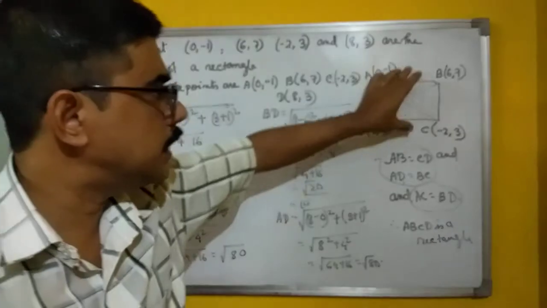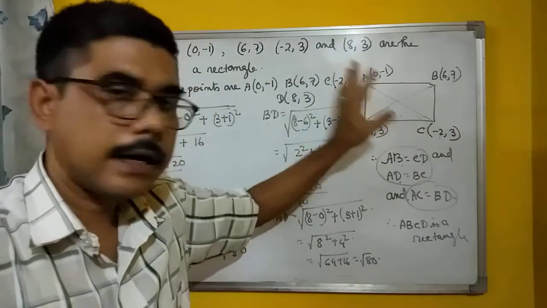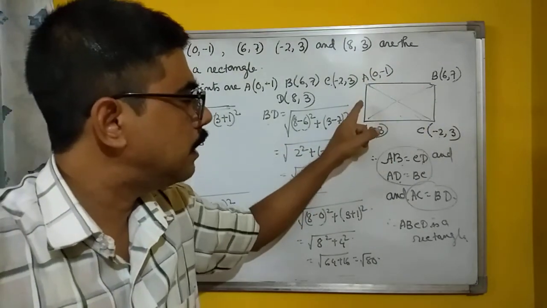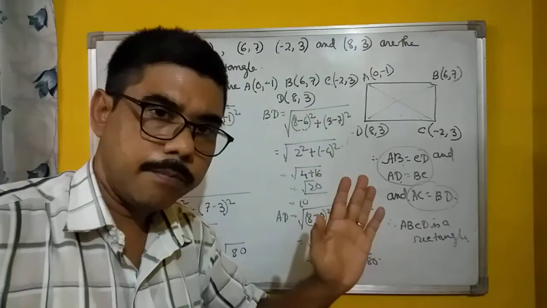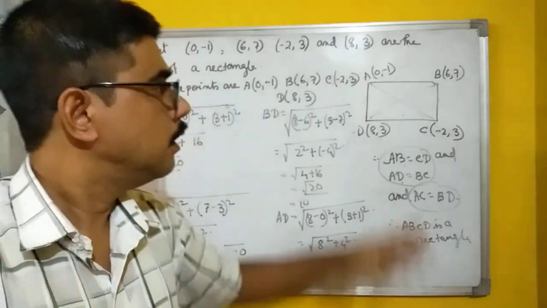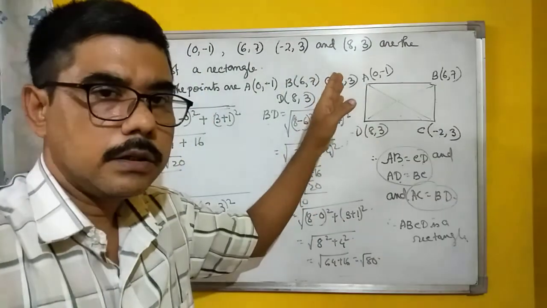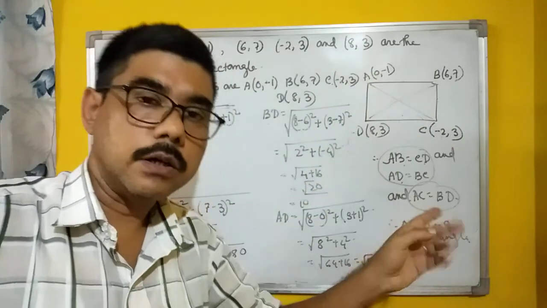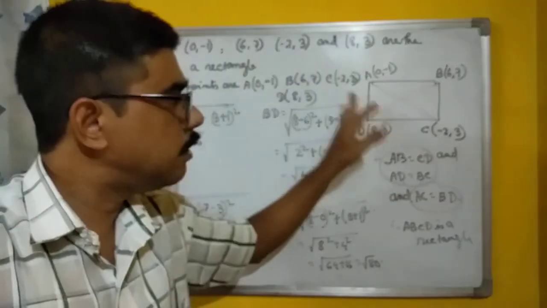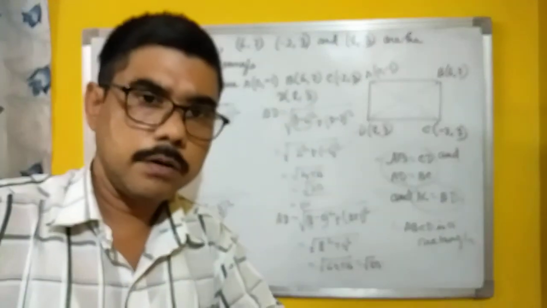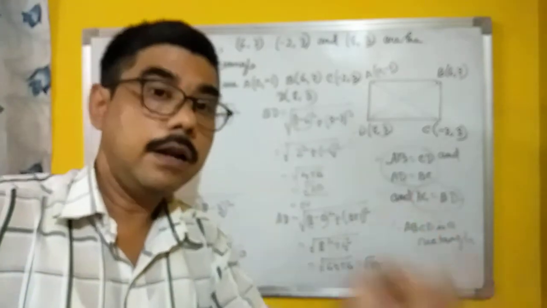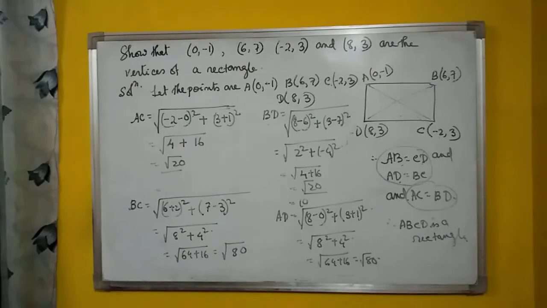Again I repeat: opposite sides equal, diagonals equal, rectangle. Opposite sides equal, diagonals not equal, parallelogram. All sides equal, diagonals also equal, square. All sides equal, diagonals not equal, then rhombus. So that's all about it.